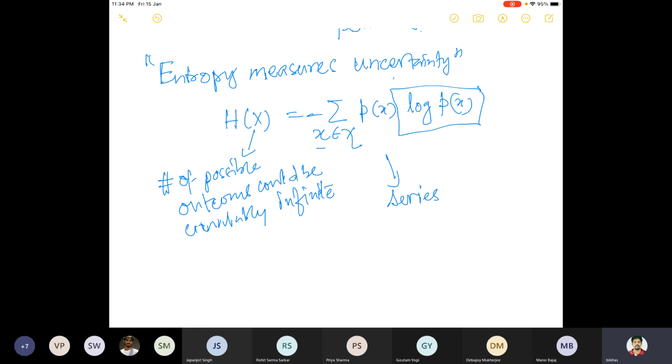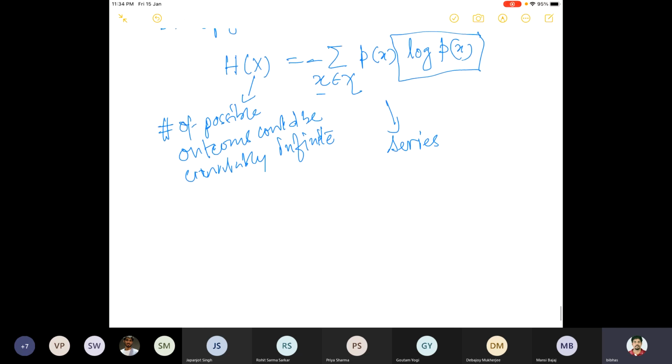Will it always be finite, or need not be finite as well? I mean, my question is, can the entropy of a random variable be infinite? This is not a finite number, let's say. Is it possible? Theoretically speaking, this is possible.